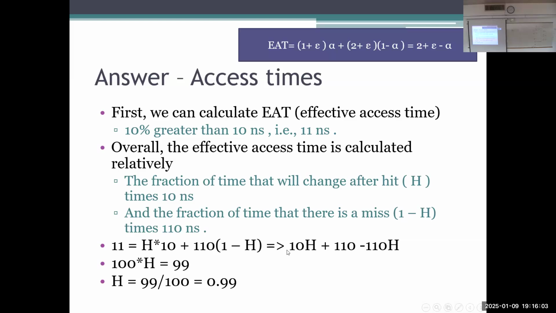And we get 11 equals minus 100H plus 110. So we move everything around: subtract the 11 from 110, and you get 99. The negative 100H you put on the other side, you get 100H equals 99, or H equals 99 divided by 100, or 0.99. So what does that mean? That the hit rate is 99%.